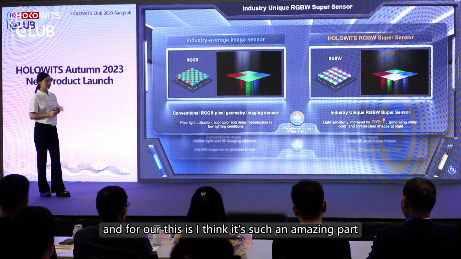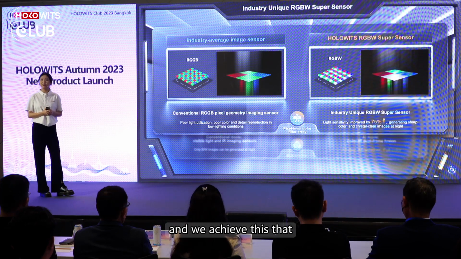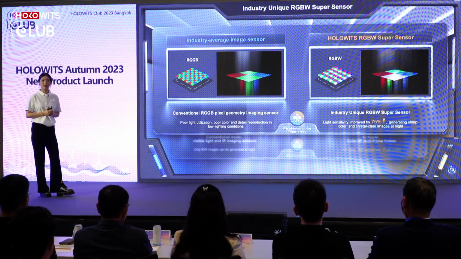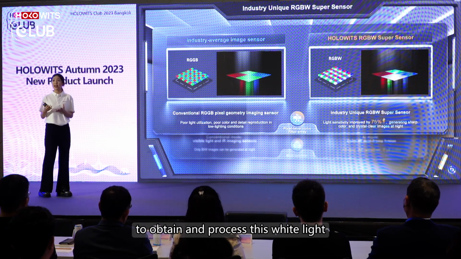I think it's such an amazing improvement in light sensitivity. And we achieve this thanks to our powerful computing power and some in-depth image sensing technology to obtain and process this white light.